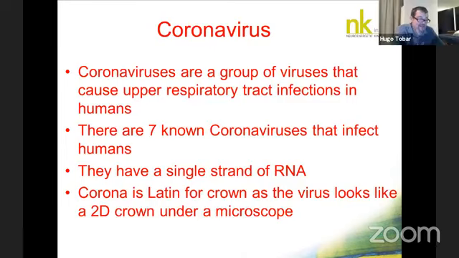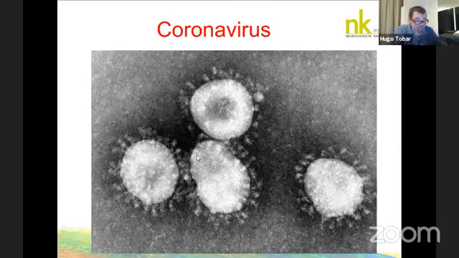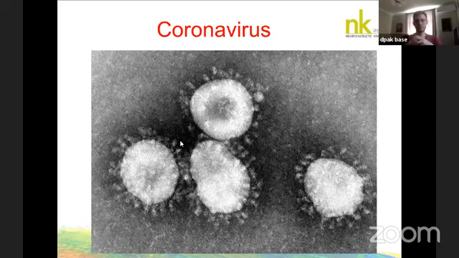And corona is actually Latin for crown, in Spanish as well, like the Corona beer is from Mexico. So you can see here, this is what the coronavirus actually looks like under a microscope.